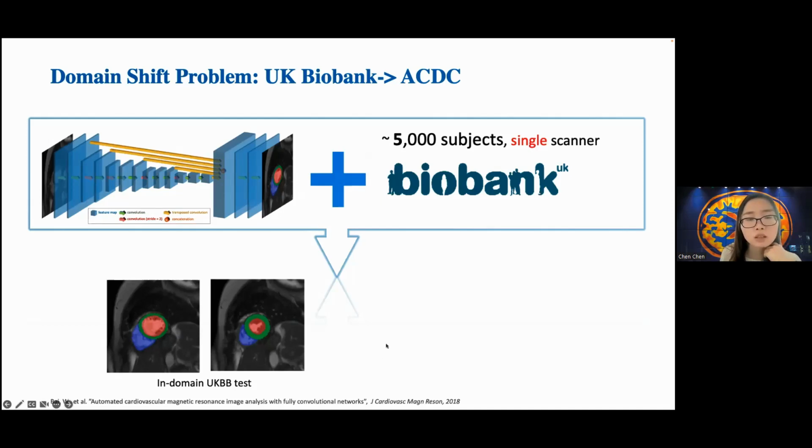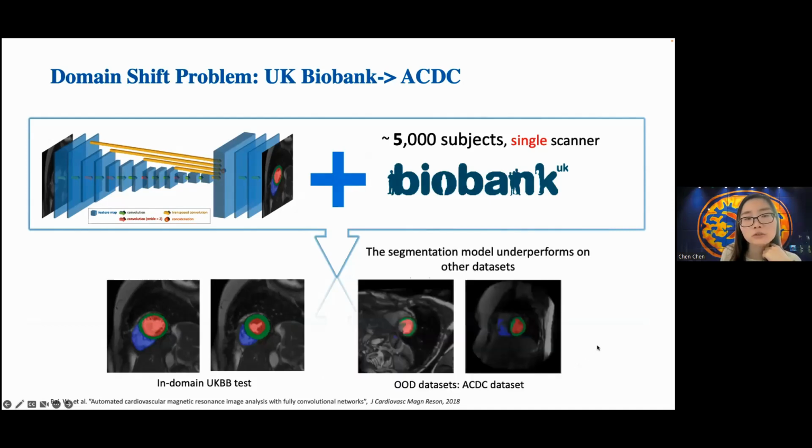We found that it can actually perform pretty well on the intra-domain UK Biobank data set. However, if we directly deploy it to ACDC, which is a public data set collected from a French hospital, we found it can still fail, even though the model has been trained on a very large scale population. So this highlights the issues behind the AI models.